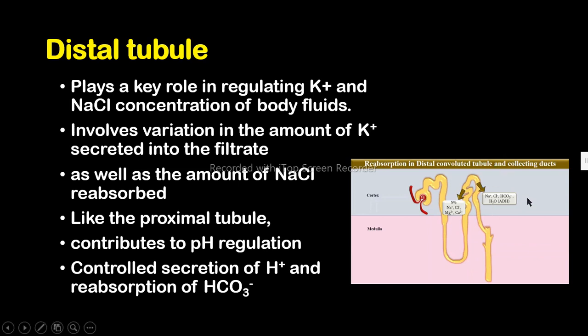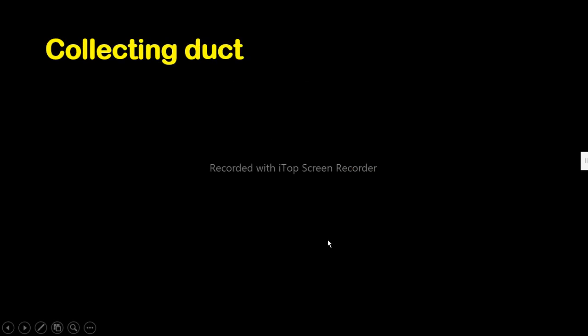Now from the distal convoluted tubule, our renal filtrate will proceed to the collecting duct. Now the collecting duct is not part of the nephron, but it's also key as far as urine production is concerned, as far as regulation and reabsorption of materials is concerned.